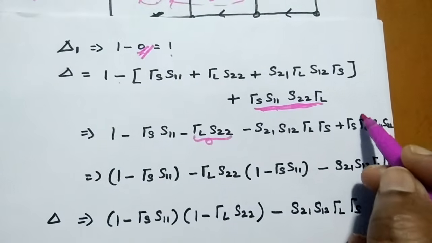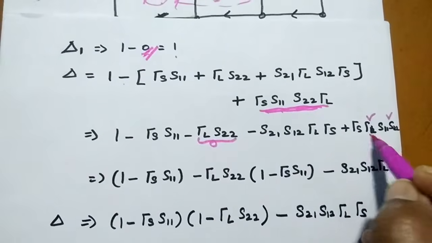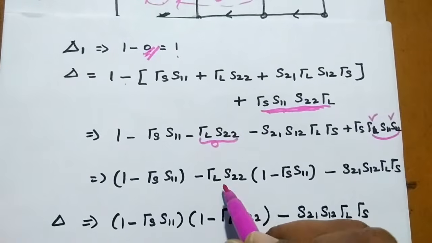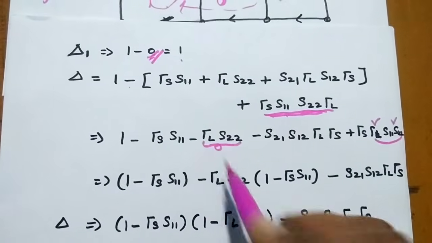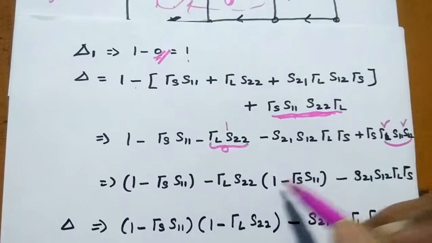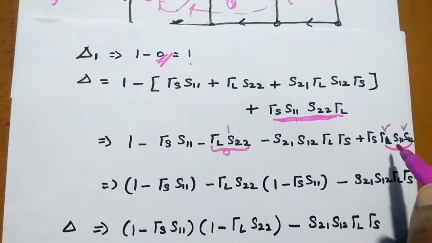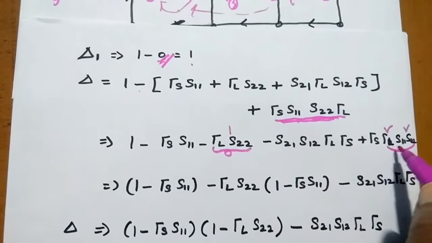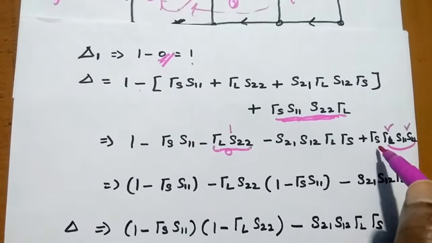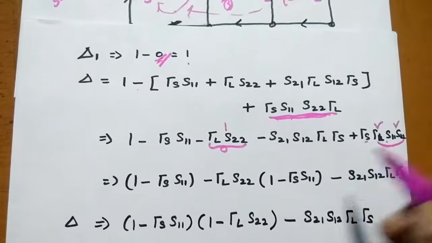In this one there is gamma L and S22, common terms are there, so we are going to take that value outside. So minus gamma L S22, if I take it outside, this value becomes 1 and this value becomes minus gamma S S11. Correct. I have taken minus gamma L S22, so the remaining term is minus gamma S into S11.